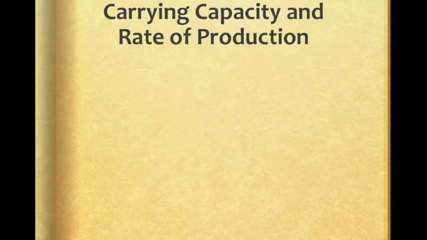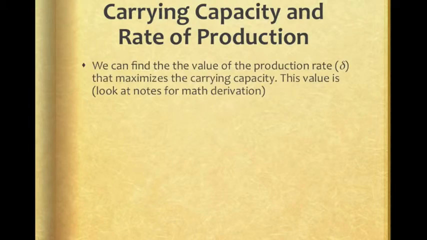Now, something that is explained thoroughly in the paper that I wanted to bring up is the relationship between the carrying capacity of population in this case and the rate of production. The rate of production is essentially the rate at which nature is consumed. You can find the value of the production rate delta that maximizes the carrying capacity of population.